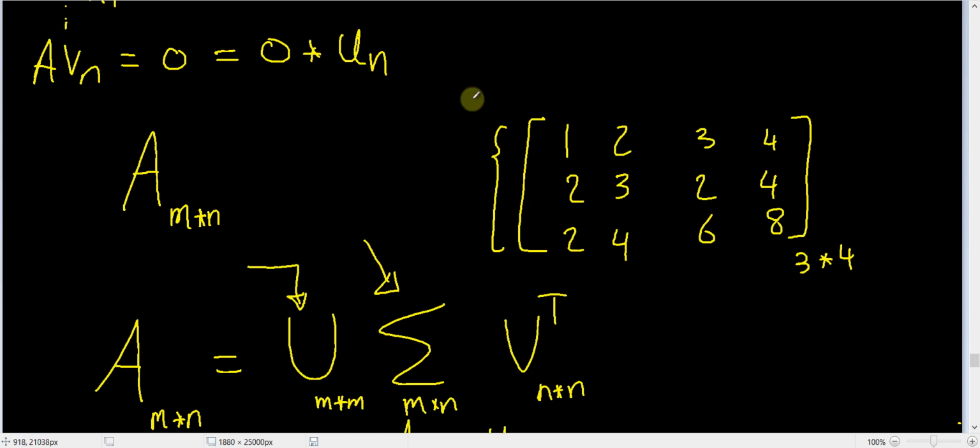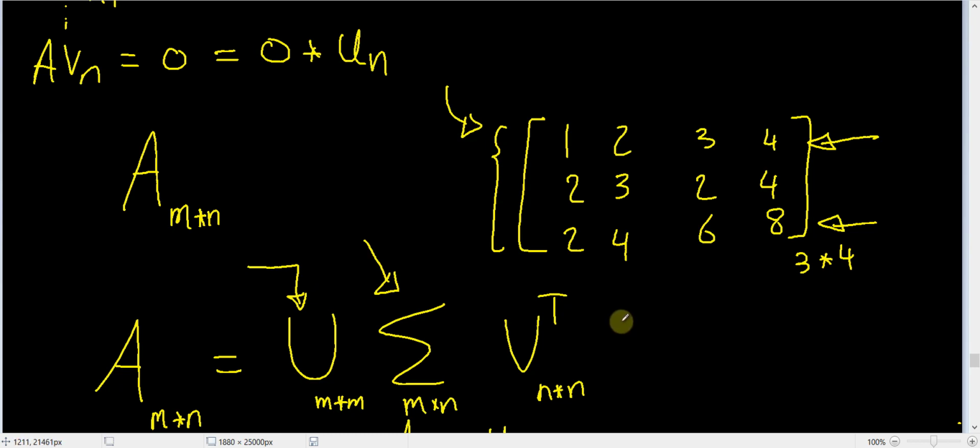For this specific matrix, if we could have 3 independent columns for the column space, then all the columns of the matrix U will belong to the column space. Unfortunately, this is not the case right here because this row right here is dependent on this first row, and so the number of independent columns is actually 2. So this matrix will have 3 columns, 2 of them will belong to the column space and the third one will belong to the left null space of the matrix A.